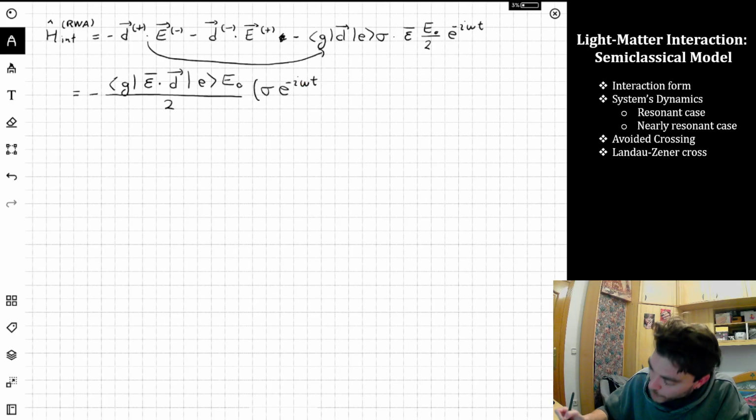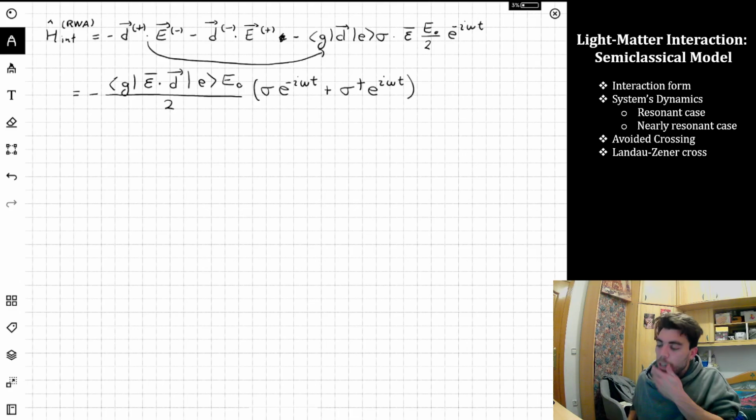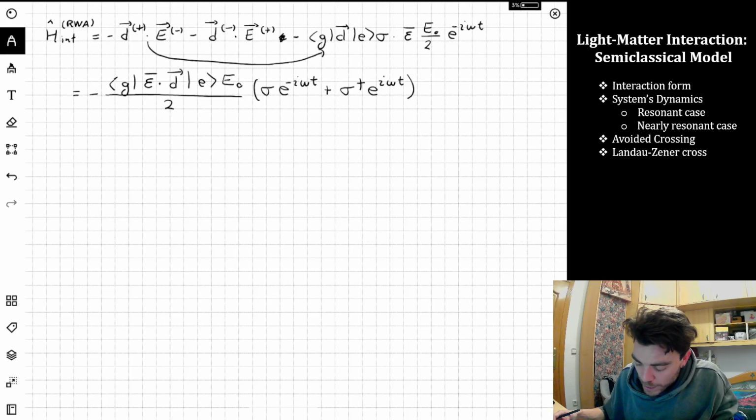This e to the minus i omega t is picking up from the E plus or E minus, the plus in this case, and this sigma minus is picking up from the D plus, plus sigma dagger e to the i omega t. And this is the form of the interaction in the rotating wave approximation and in the semi-classical model.